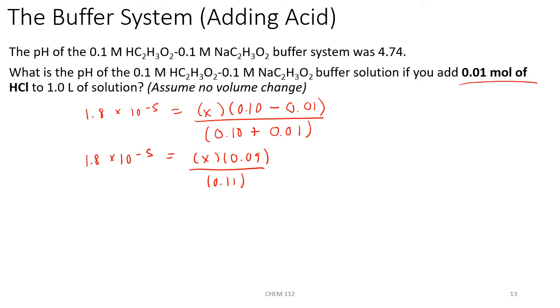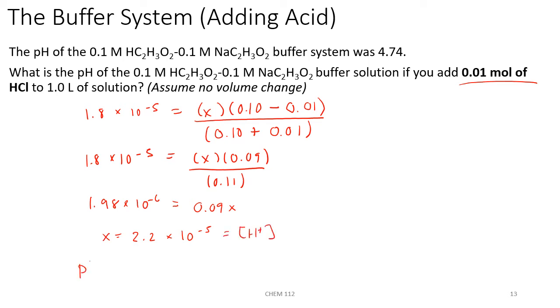If we multiply both sides of the equation by 0.11, we're going to get 1.98 times 10 to the negative 6th is equal to 0.09x, and then we'll divide both sides by 0.09, and that'll give us x is equal to 2.2 times 10 to the negative 5th, and that is equal to our hydrogen ion concentration.